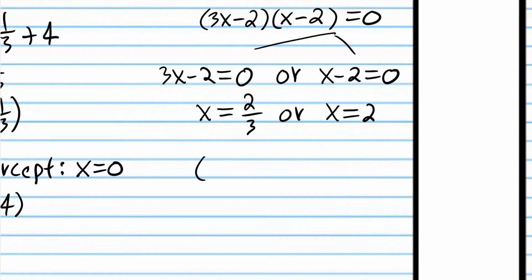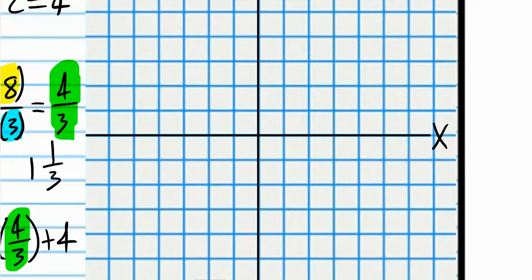So that means that our x-intercepts are 2/3, 0, and 2, 0. So there we go, 2, 0, and 2/3, 0.